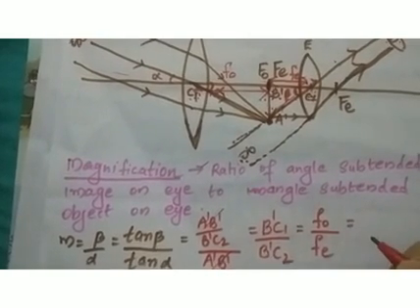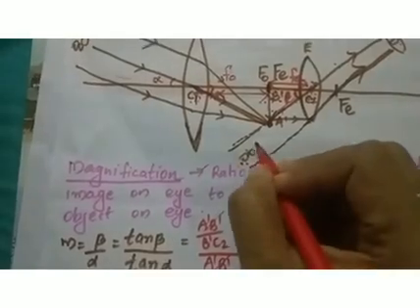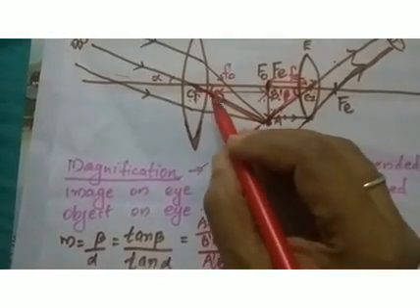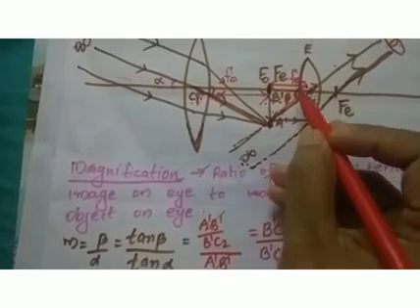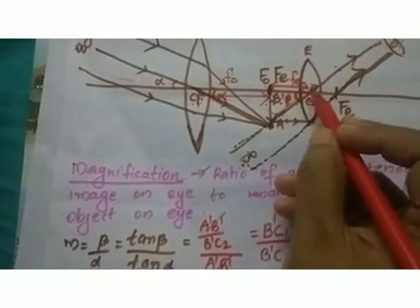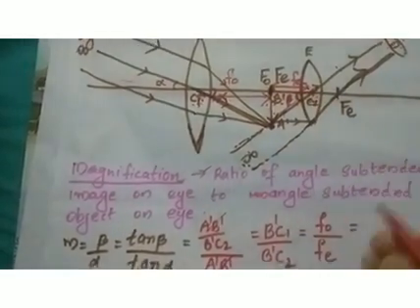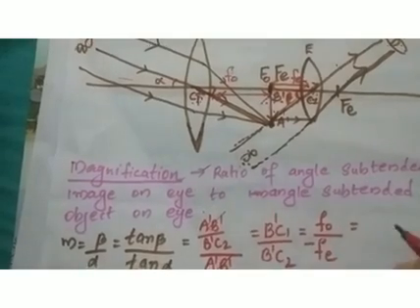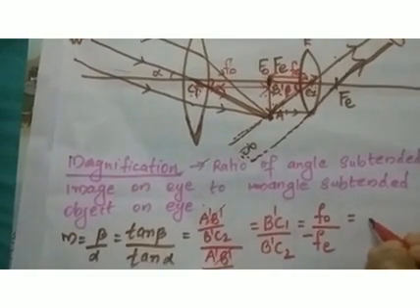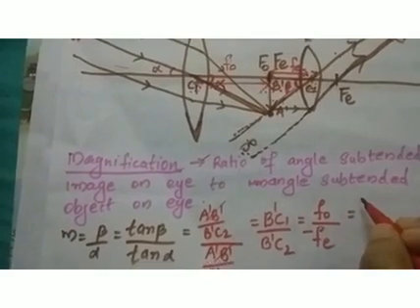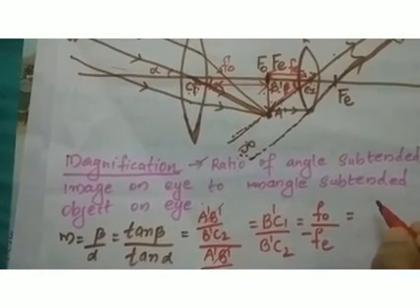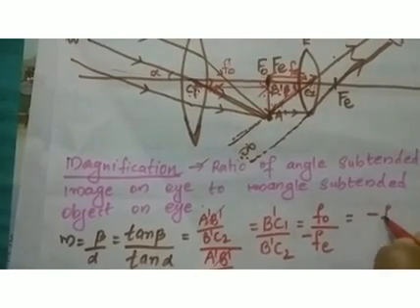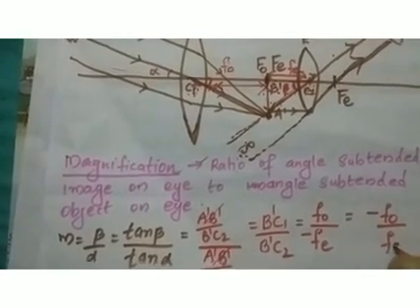Now apply the sign convention. FO is measured to the right of the lens, so it is positive. But FE, the focal length of the eyepiece, is measured to the left of the eyepiece lens, so FE is taken as negative. So the magnification of the telescope for the setting of relaxed eyes is minus FO by FE.